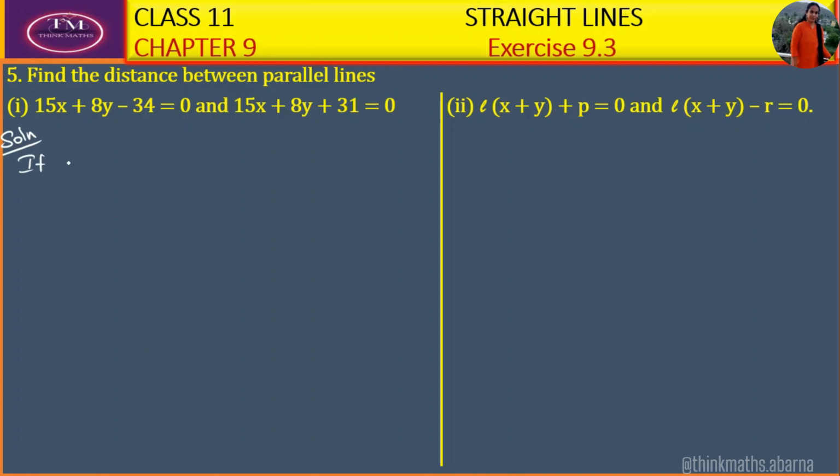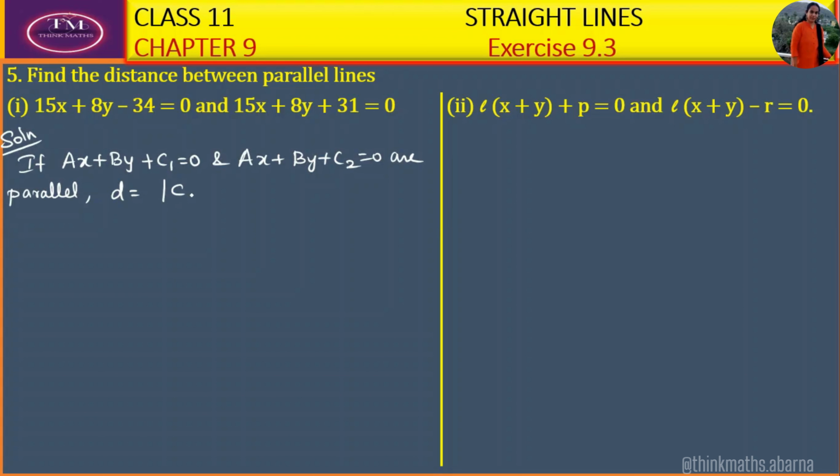If ax plus by plus c1 equal to 0 and ax plus by plus c2 equal to 0 are parallel, what is the distance? Distance d is equal to modulus of c1 minus c2 divided by square root of a square plus b square. So this is the distance between two parallel lines.